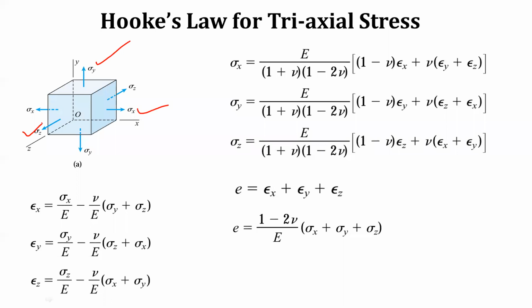In that case, how will Hooke's law change? Because here the loading case is triaxial. That means in every direction x, y, z, the loads are acting. If load is acting in every direction, that means there should be stresses and strains in every direction.